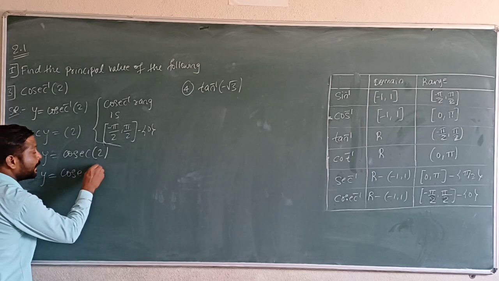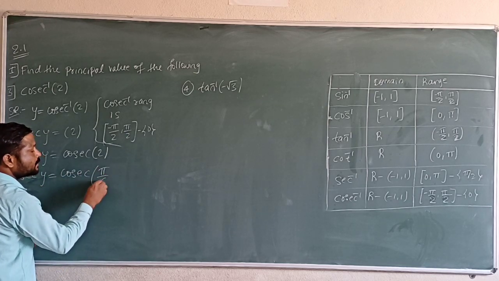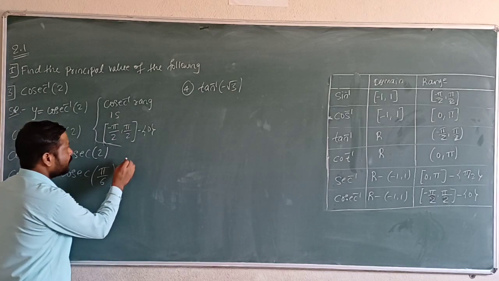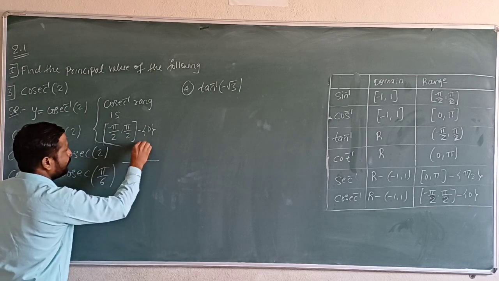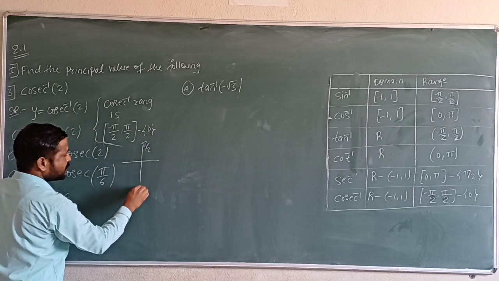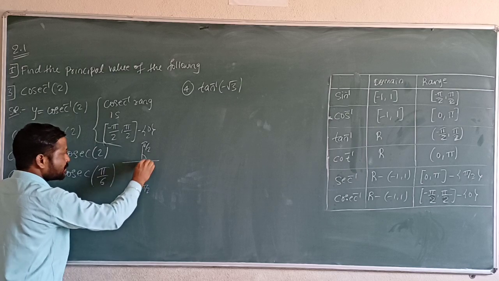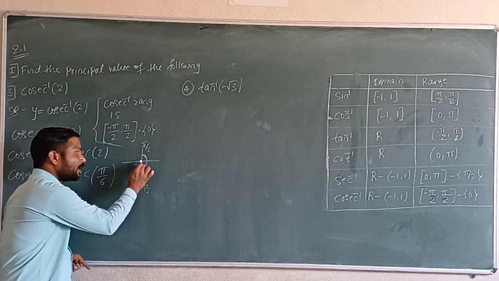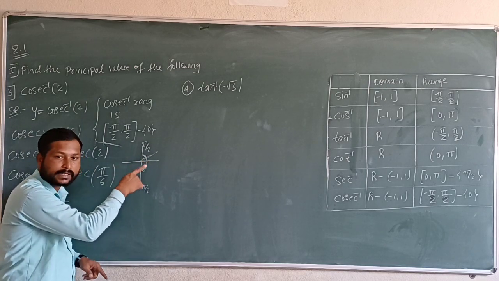30 degrees, in radians pi by 6. Now y is equal to pi by 6. Pi by 6 means how many degrees? 30 degrees. But look, what is the range here? It is minus pi by 2 to plus pi by 2, and your answer must lie inside that. 30 degrees lies in which quadrant? First quadrant. It is inside the range.